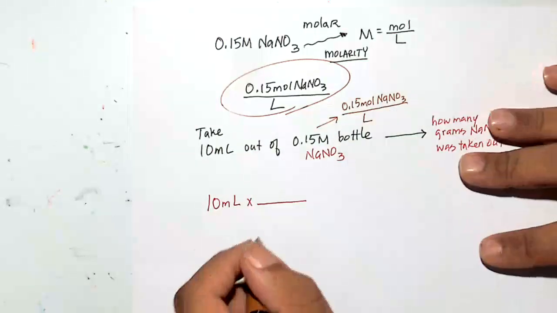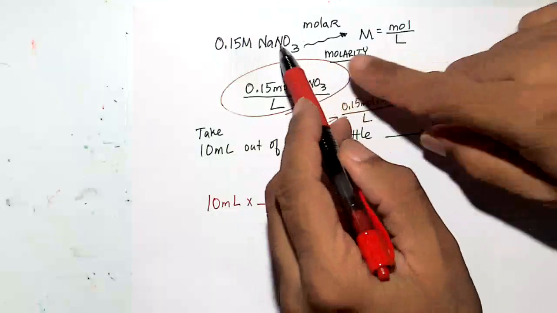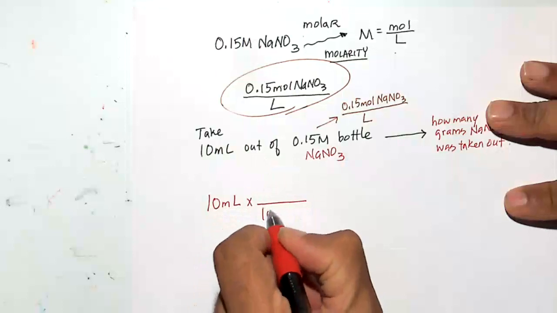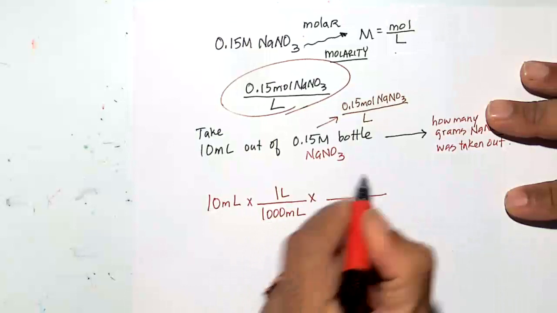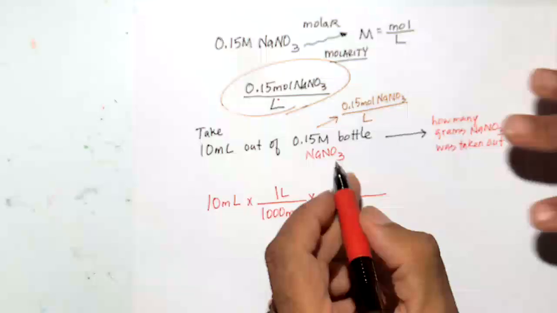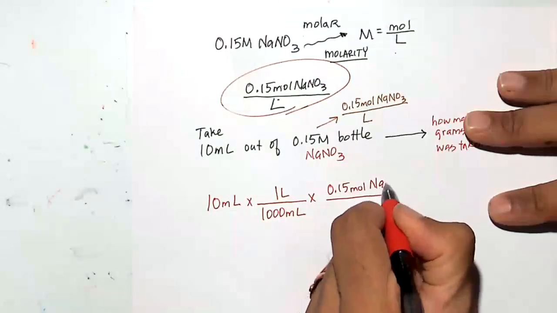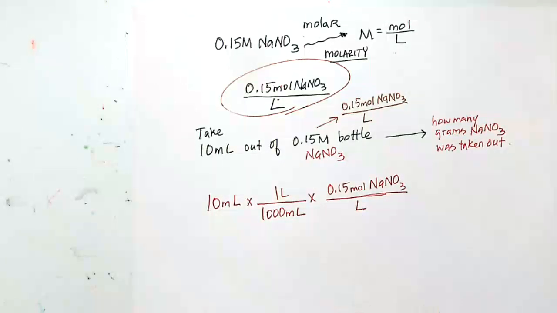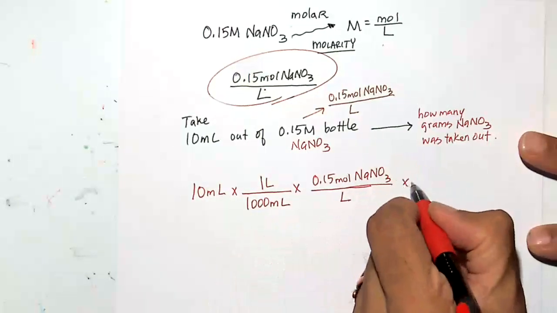So we're going to take that 10 mils and convert it to liters, because molarity, molar, is moles over liter. So it's 1,000 milliliters, 1 liter. Now we will take this 0.15 moles over liter and put that here. This is the amount of moles.